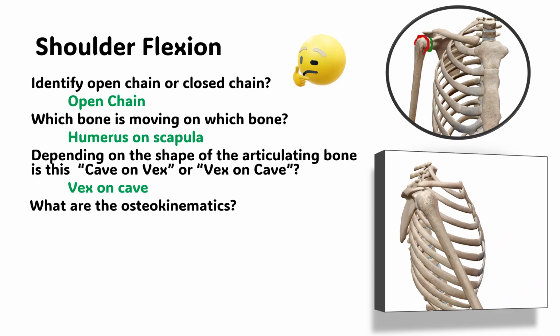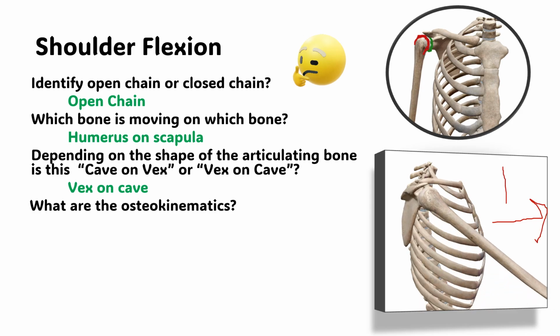So we need to find out what those directions are. We look at the osteokinematics. So if we look at the osteokinematics of the humerus, we have to ask ourselves, where is this humerus going? Well, it looks like the humerus is moving anterior to the body and superior to the body.